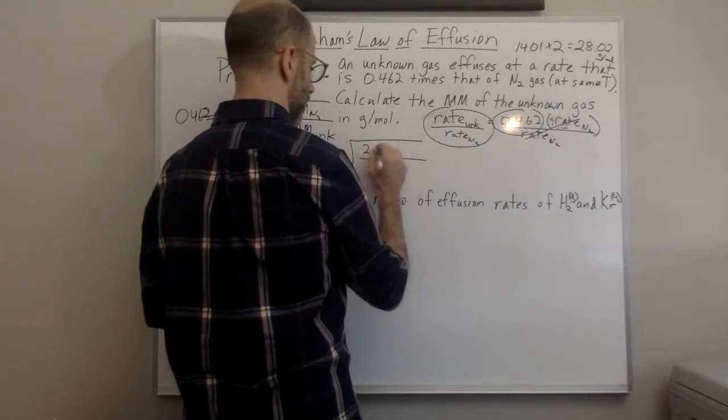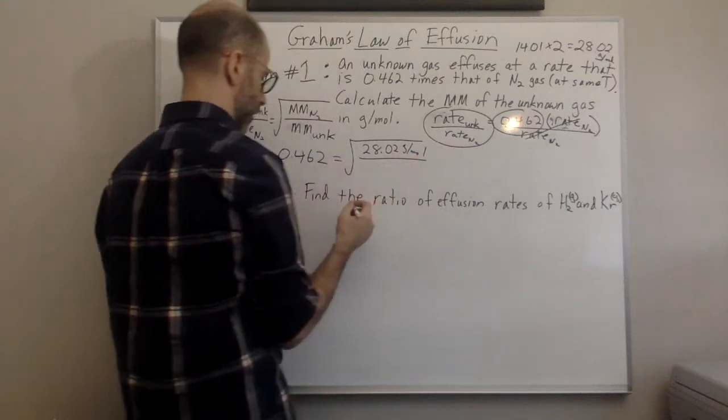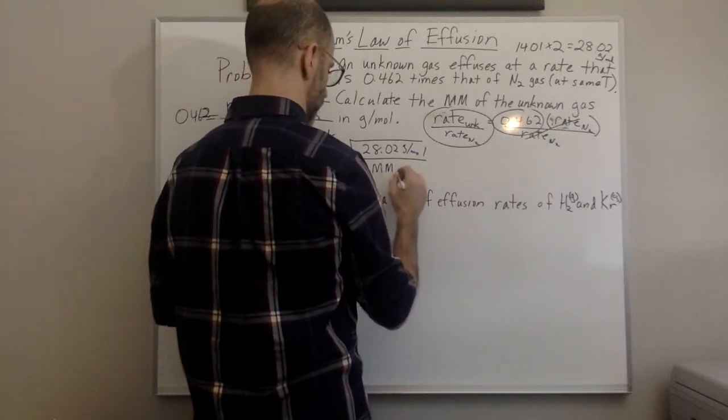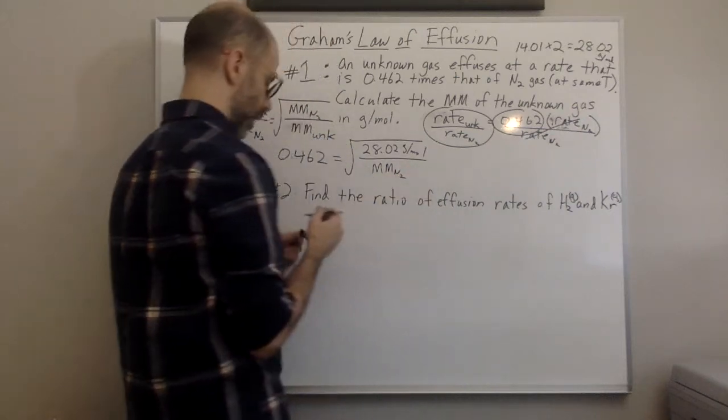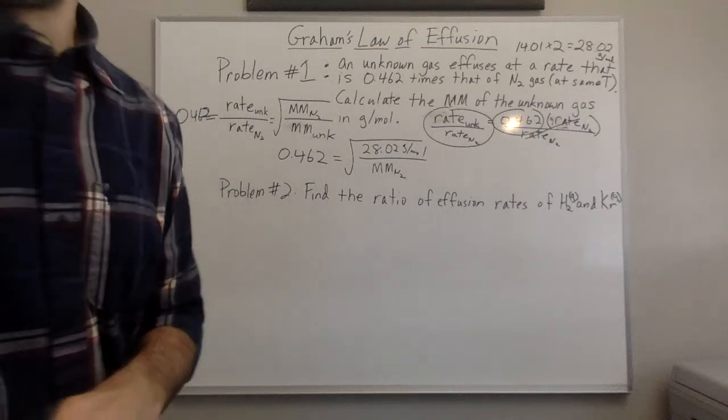So I have 28.02 grams per mole, and then here I have my unknown molar mass. Now I can solve for the unknown molar mass.